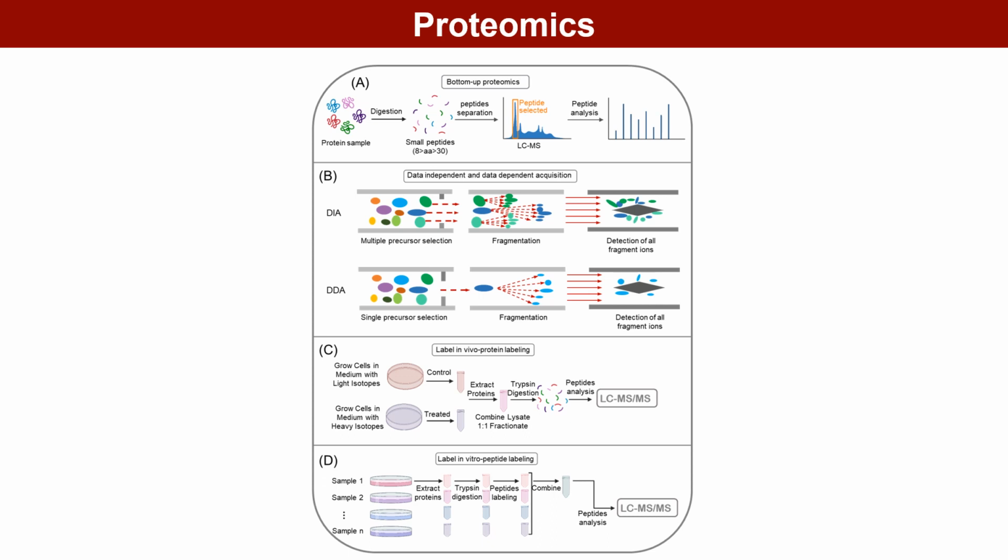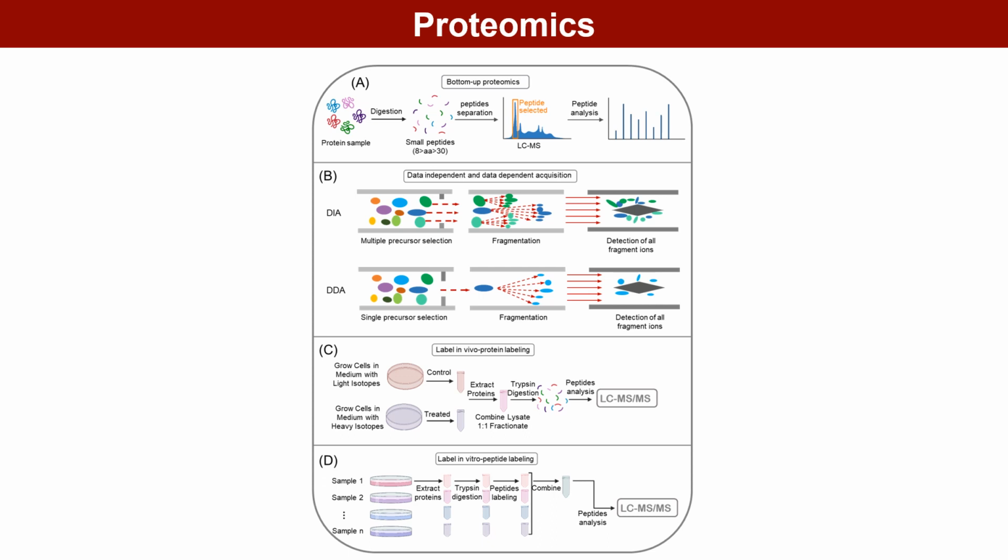Moving forward in the central dogma, proteomics serves to study proteins and their characteristics such as expression levels, post-translational modifications, and interactions. Mass spectroscopy coupled with liquid chromatography, also known as LC-MS, has become a popular method for such analyses.